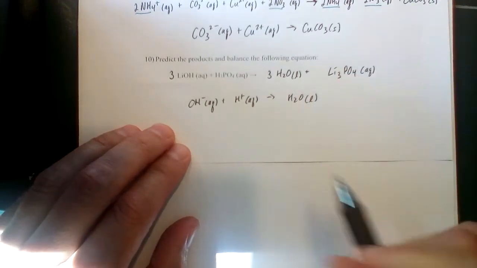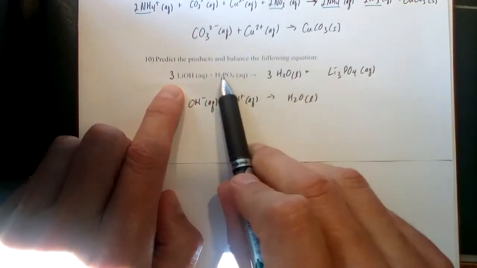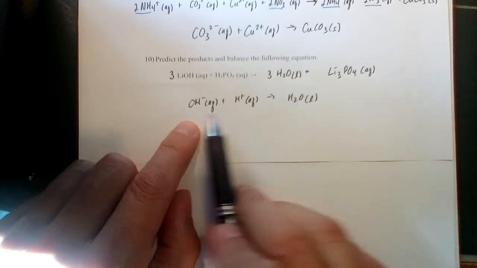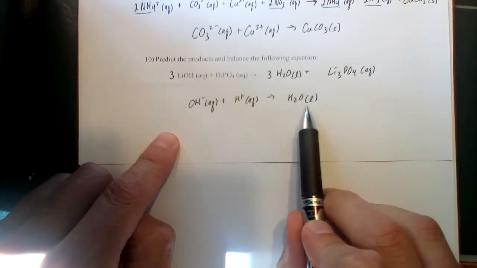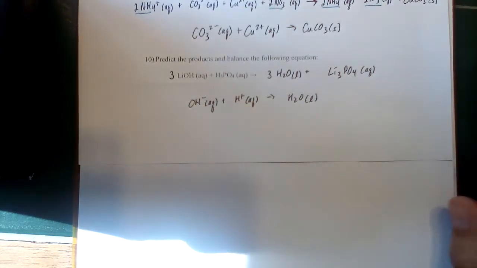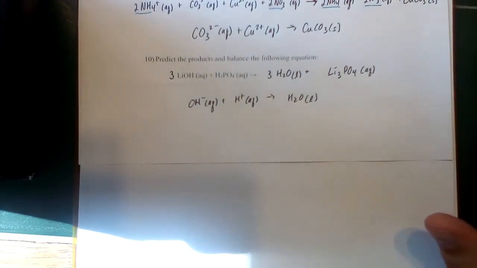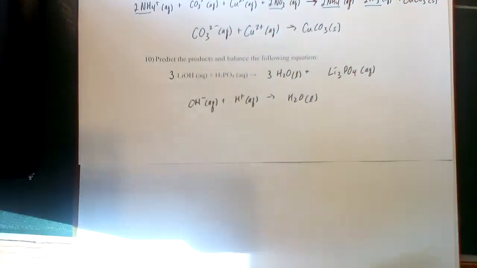And so even if there's 3 hydroxides and 3 H pluses, this is balanced without those prefixes. If it's just OH minus, H plus to water, that's the net ionic equation for any acid-base neutralization reaction, at least the ones we've talked about so far.